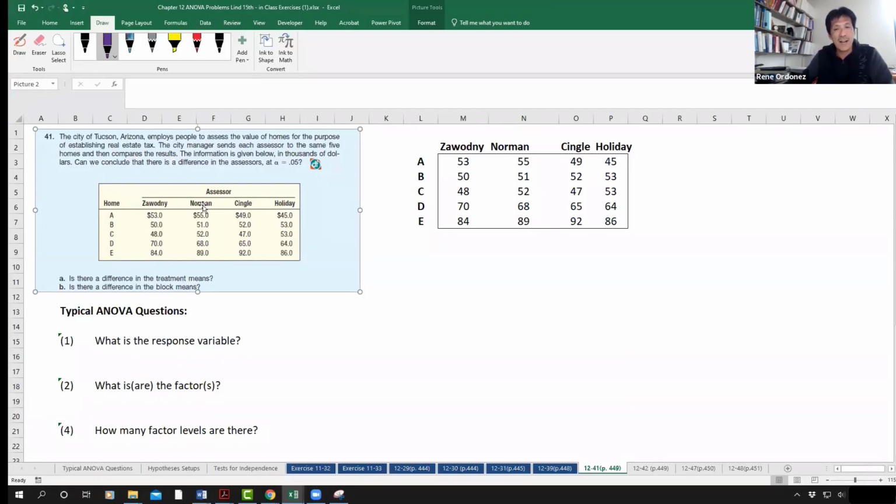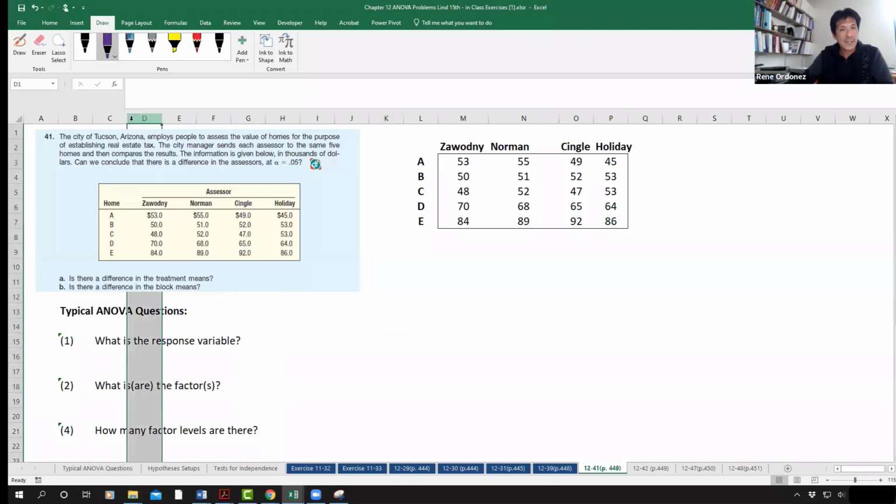So the 4 individuals here are the assessors, and the information is given below in thousands of dollars. Can we conclude that there is a difference in the assessors, meaning the average assessment made by each of these 4 assessors? We will test that at 0.5 significance level.